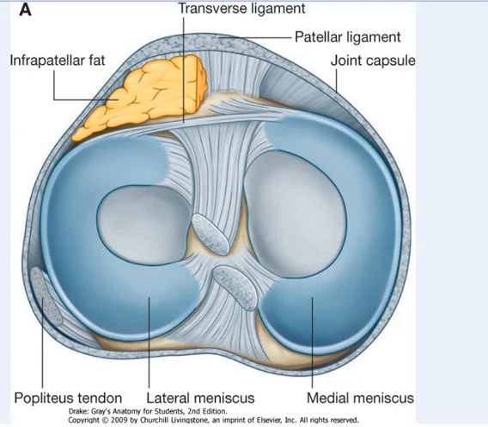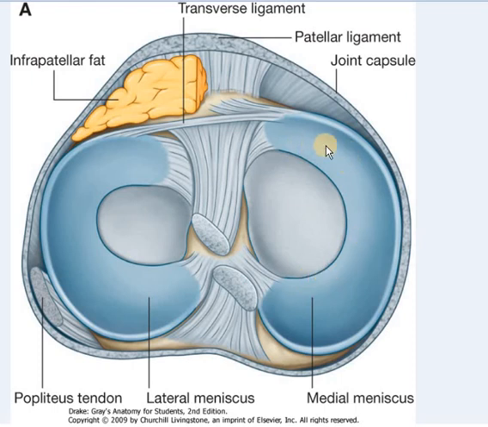The next important feature of the knee joint is the presence of menisci. These are the two menisci of the knee joint, the medial meniscus and the lateral meniscus. This one is the lateral meniscus and this one is the medial meniscus.